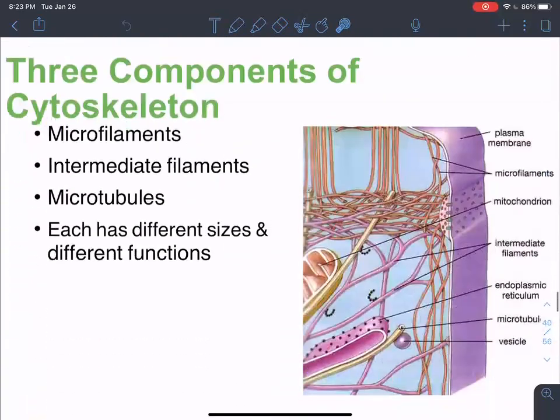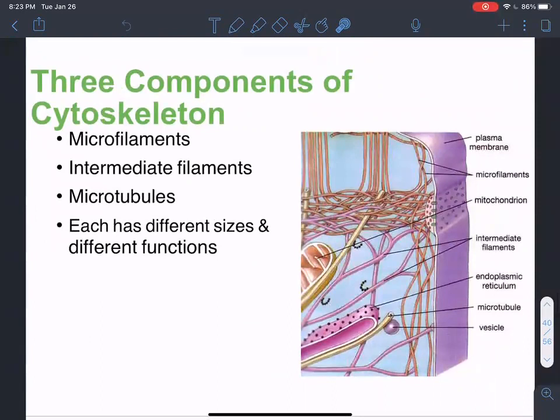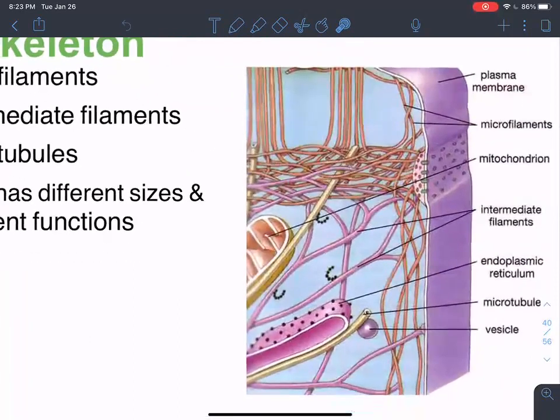So here are the components of the cytoskeleton. They are the microfilaments, the intermediate filaments, and the microtubules, and each is going to have different size and different functions. As you can see in this picture, if we were to blow it up right here, located on the outside of the cell is the plasma membrane, and then located usually most closely to the outside of the cell are these microfilaments, and then the intermediate filaments are a little bit larger.